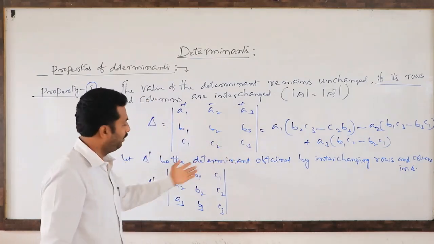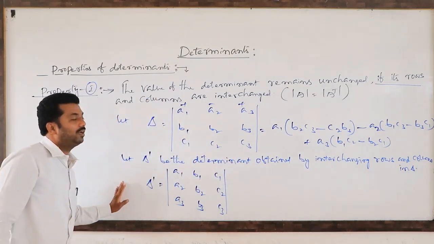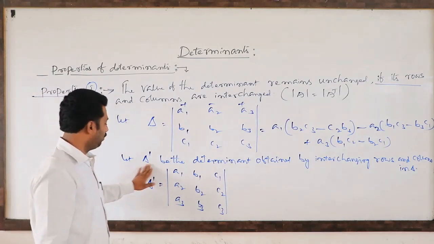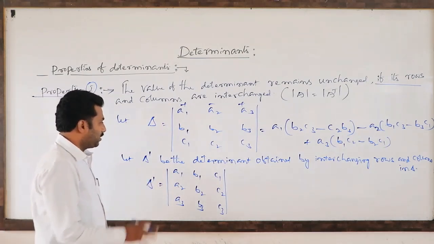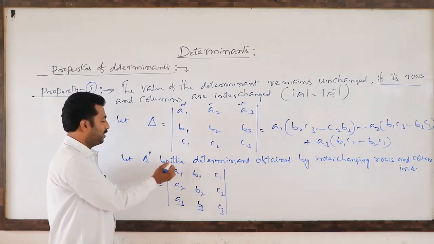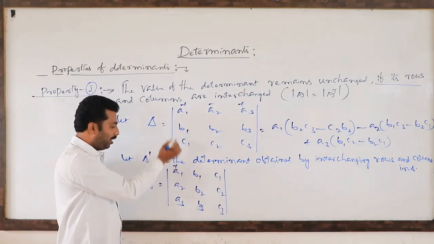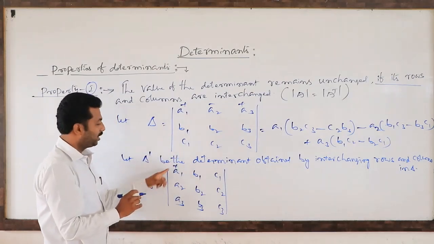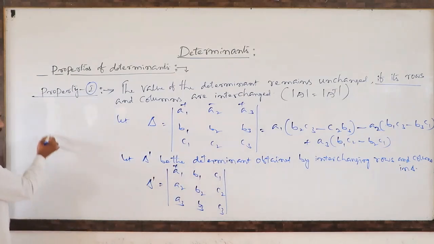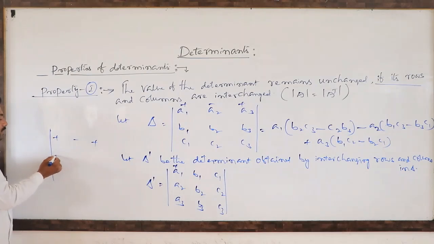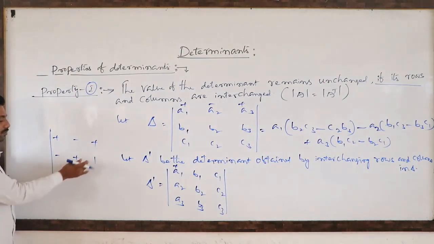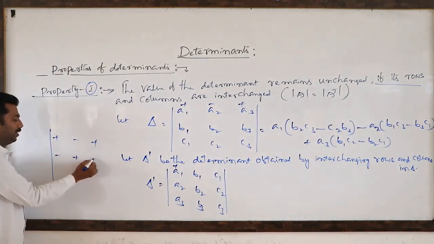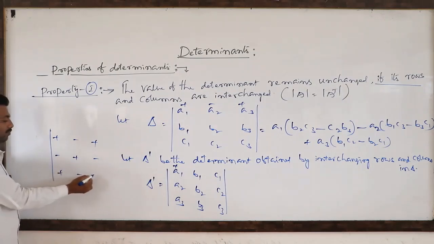If you expand, there is no change in the value of the determinant. So for simple identification, we are expanding the determinant along the first column, so the signs I am changing.